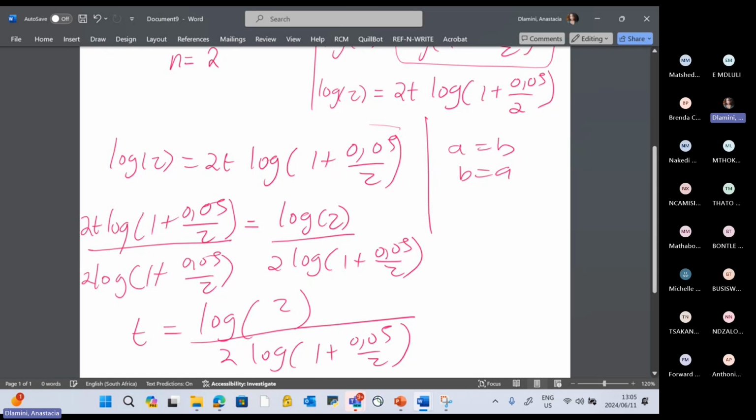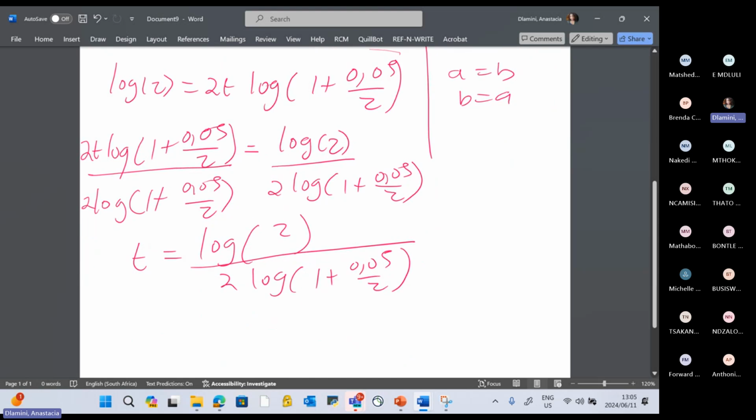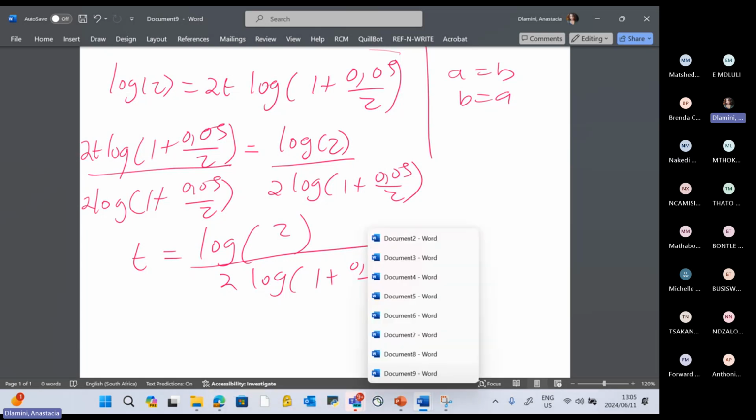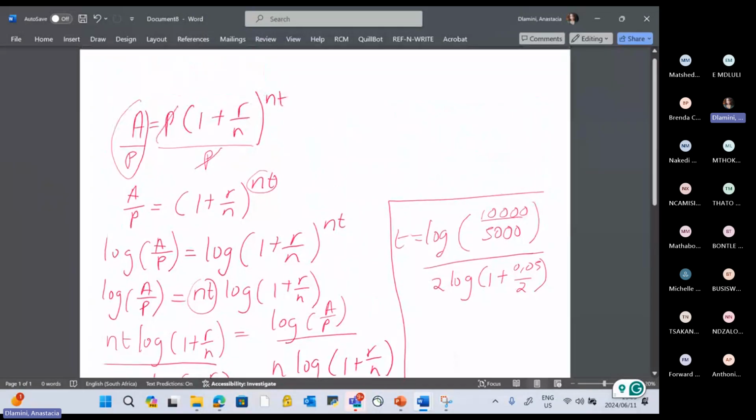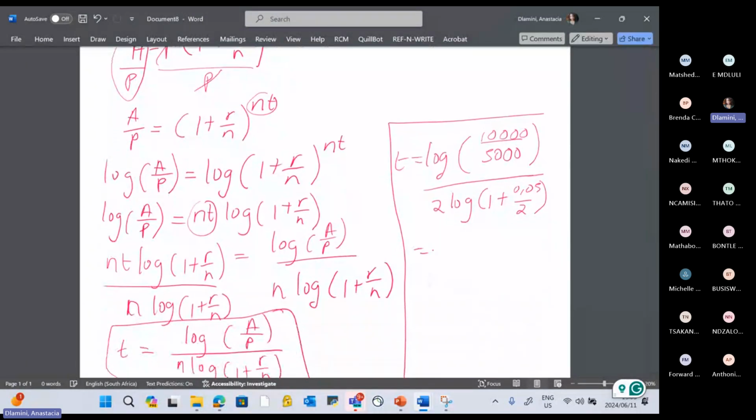Do you see how I found my t without using a calculator? Yes, ma'am. So this is the same as what I've derived here. So this is the formula. So in the exam, I might say find the value of t, and I don't give you P and whatever. So then it means you have to use this formula here. If we simplify, you'll see this is just log of 2 over 2 log of what? 1 + 0.05/2.